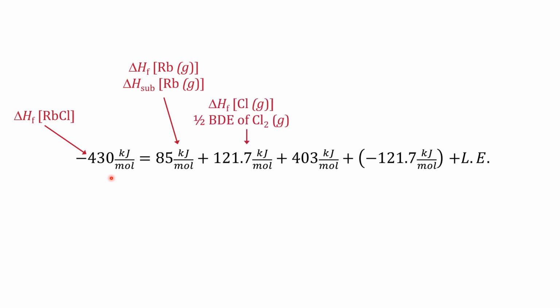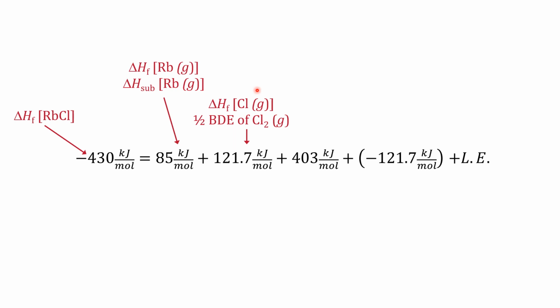So this is the tricky one. I gave you the enthalpy of formation of gaseous chlorine atoms, which was the 121.7 that was in the table. And that is equal to half of the bond dissociation energy of chlorine 2, because you need to dissociate half a mole of chlorine 2 to get 1 mole of chlorine. So that's the 127.